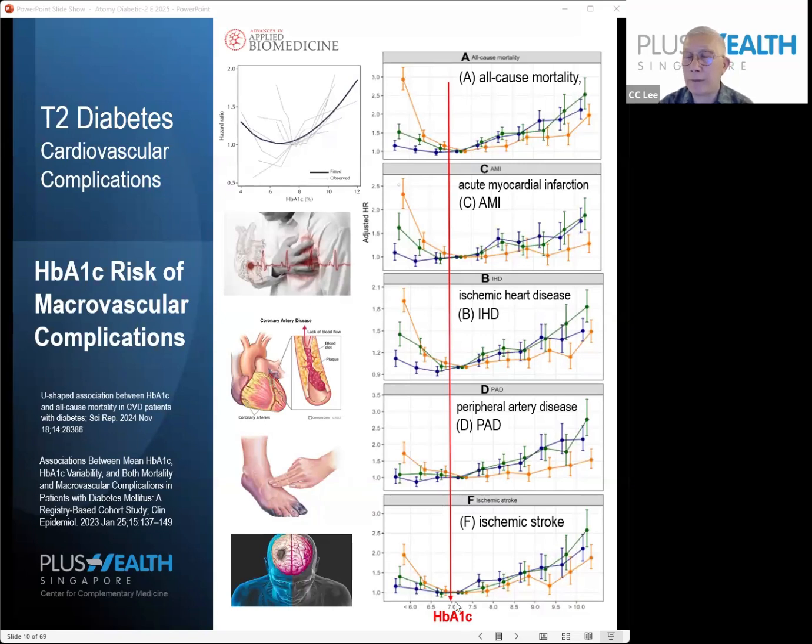But if you do not have enough glucose in the blood, you also carry the same increased risk of cardiovascular disease, as seen from this chart. So therefore, we are not talking about reducing our blood glucose to a very low level. What we are talking about is controlling the optimum range of blood glucose level in our blood. So not too high and not too low.